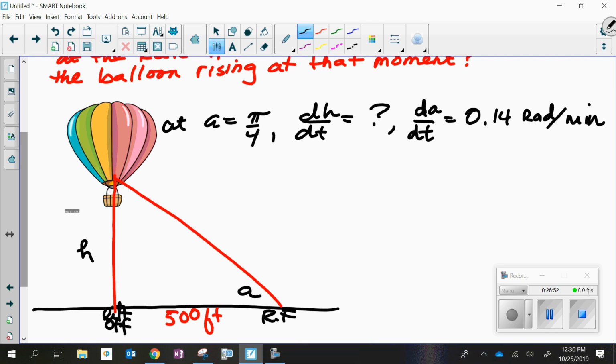So we have an H, we have a 500, and we have an A. There are lots of relationships we could use. What do you think the relationship would be? It's not the Pythagorean theorem, because we don't care about the hypotenuse. What else do we have to work with?